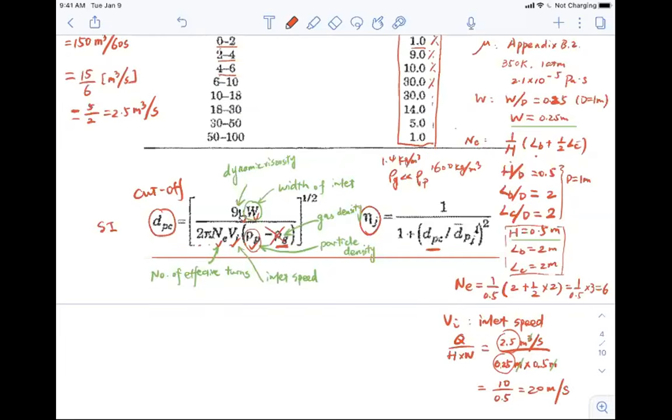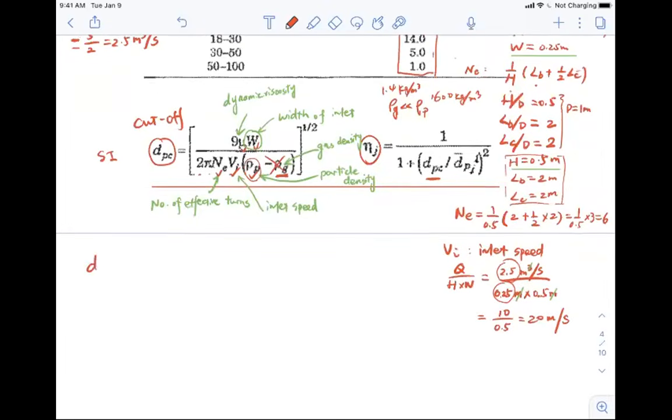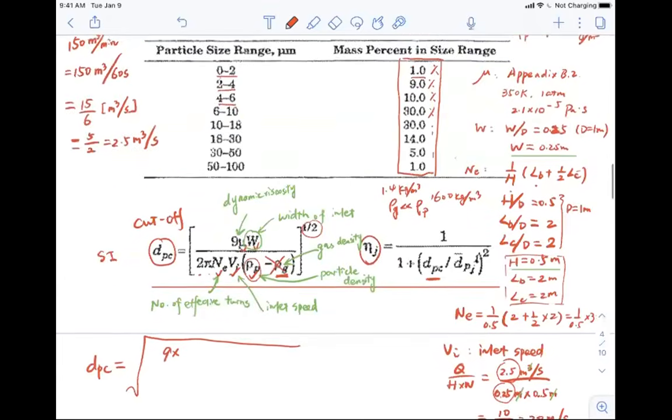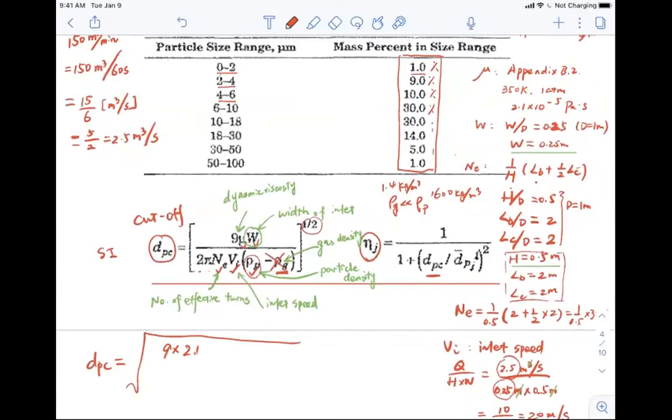So what do we have? We have dPc equal to the square root, right? This is to the power 1/2, that's square root, okay? So you have 9 multiplied by 2.1 multiplied by 10 to the negative 5, and then multiplied by W, that's 0.25.